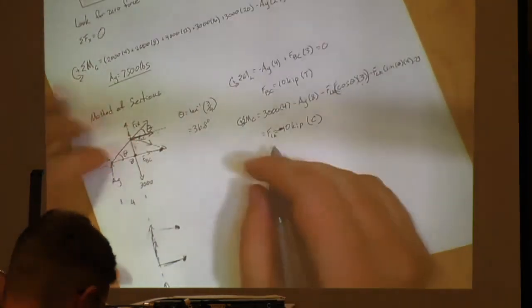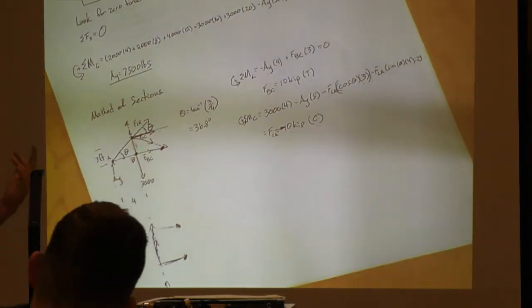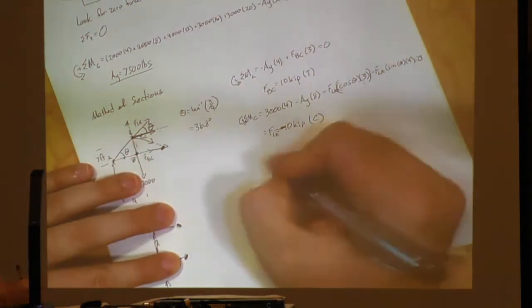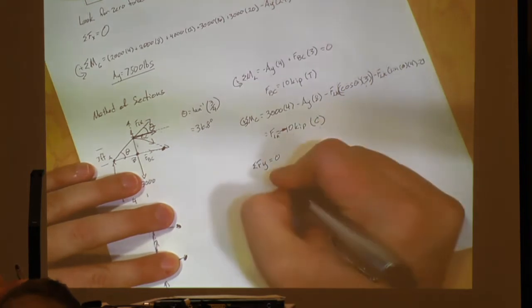All right, for the last member, there's only one unknown, so we only need one equation. Let's stick with the sum of forces. It's a little bit easier. Sum of forces in the y equals 0.